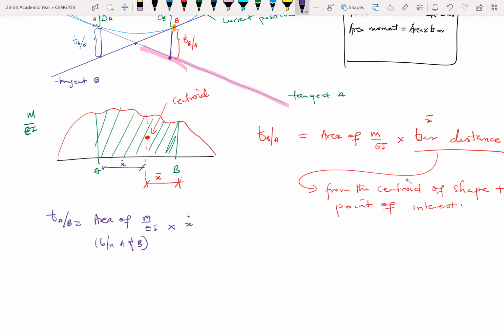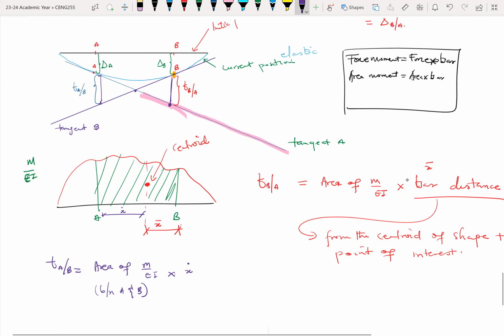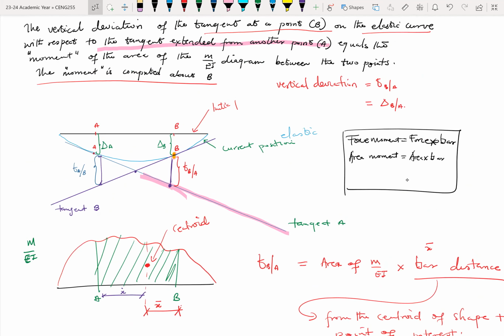So the general equation for these vertical deviations, I put it over here: TBA would then be equal to the integral of x bar M over EI dx, where the limits are from A to B. So this is a general equation for the vertical deviation.